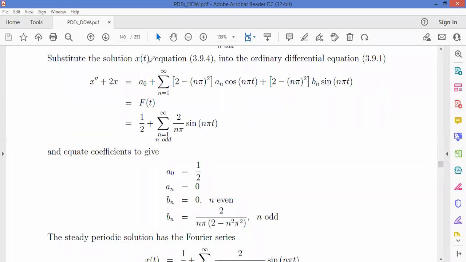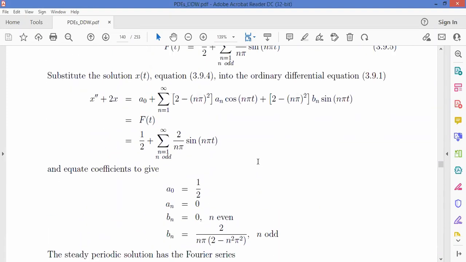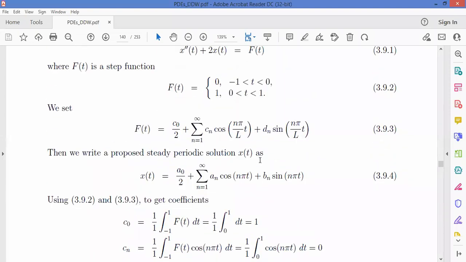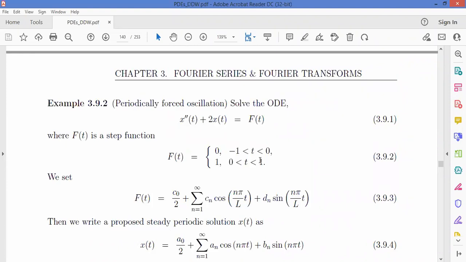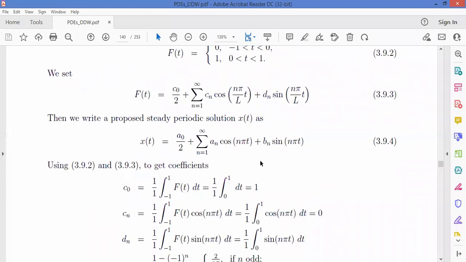Before I go into the chat to see the questions which are there, what we have now, when you substitute it back, our Bn, into our 3.94.